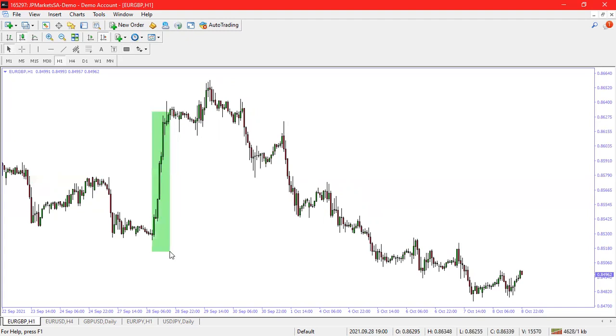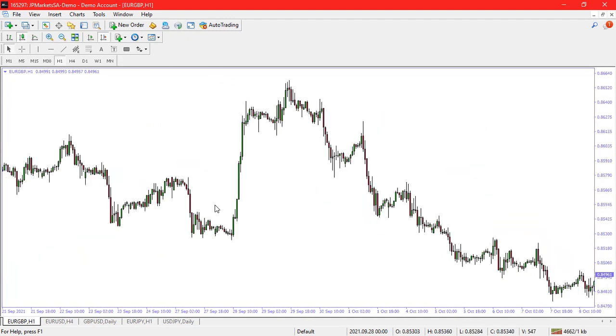You can see the market was rallying up in a fast way. So in this zone, only buyers were taking place. And then we want this type of situation. So we have to identify this type of situation where only the buyers were taking place or only the sellers were taking place.